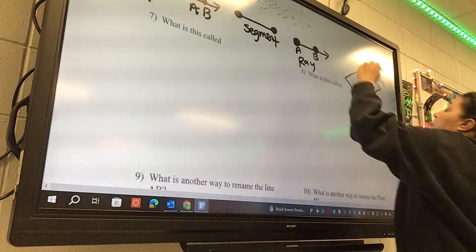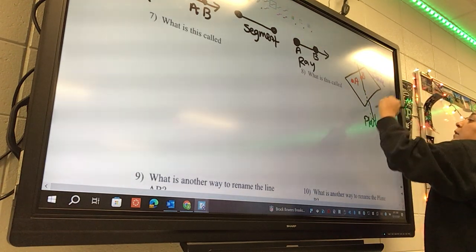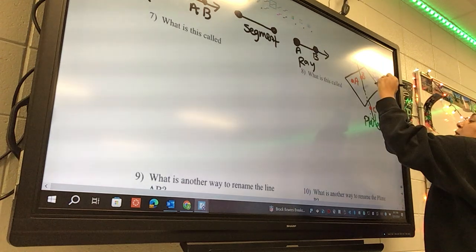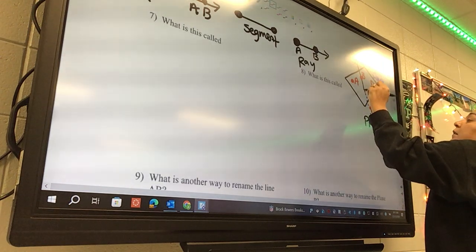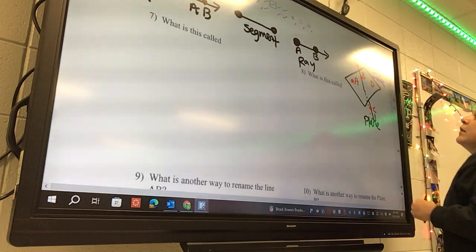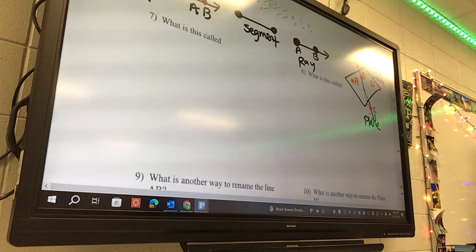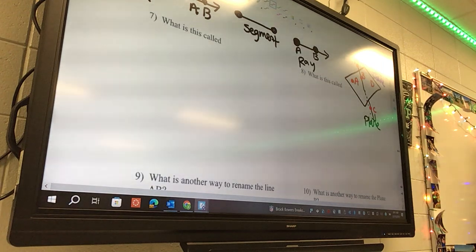I'm going to label some of these. So how could we name this plane? Who does not qualify? We cannot use that letter. C, or whatever the top one is.